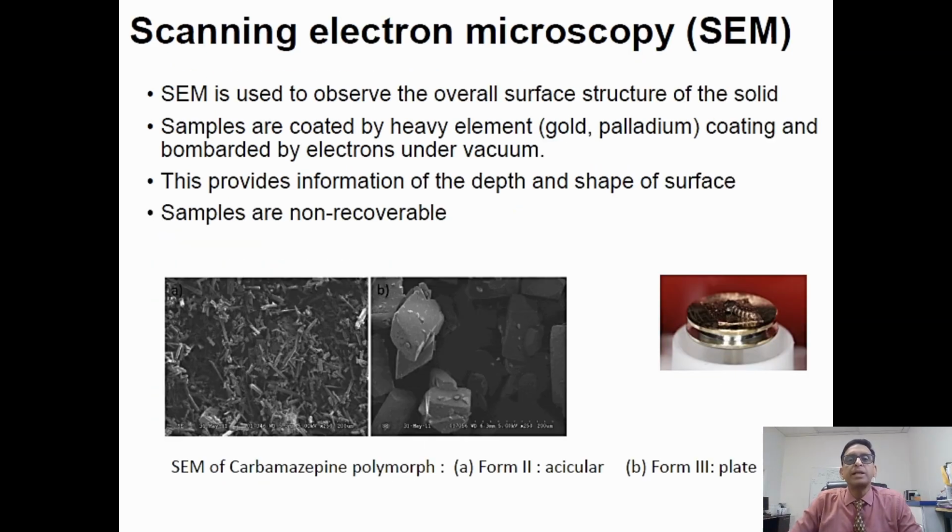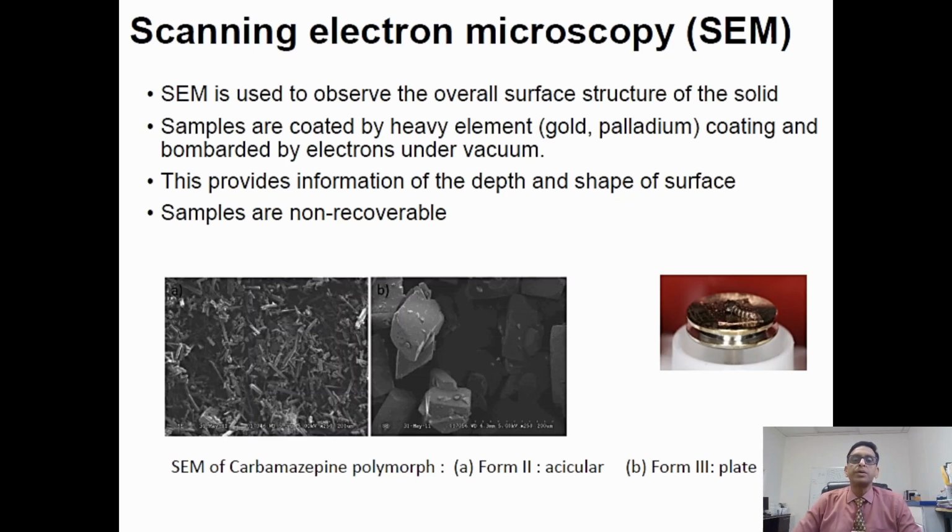As I said, the scanning electron microscope is commonly used for morphology analysis. This SEM is used to observe the overall surface structure of the solid. Samples are coated with a heavy element, gold or palladium coating.